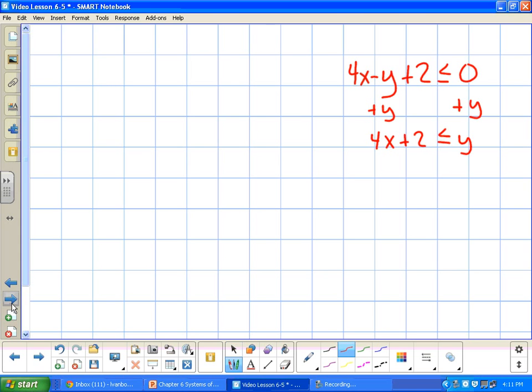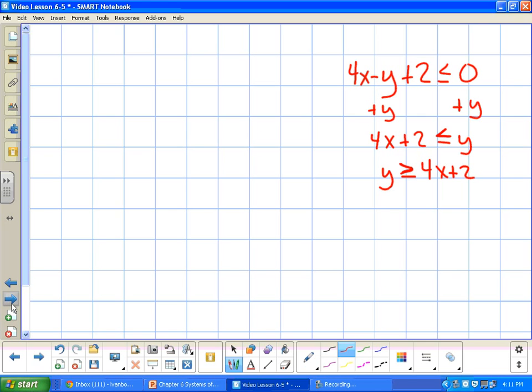But I like to have y on the left-hand side. So therefore, I'm going to flip the whole thing and write y is greater than or equal to 4x plus 2. So think about it. When you flip it, the arrow is pointing to the 4x plus 2, so it still needs to point to the 4x plus 2. Here's my inequality.